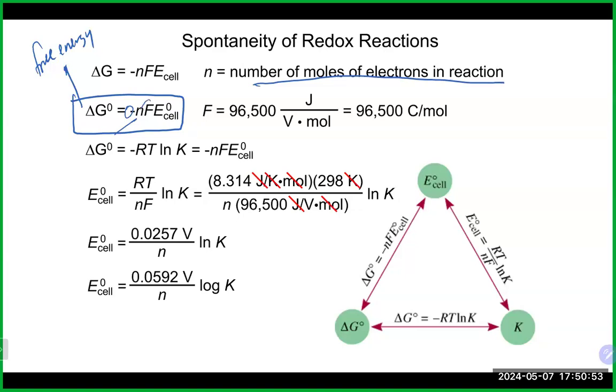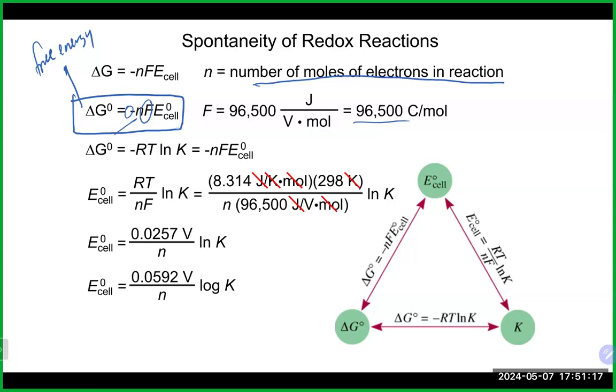F is Faraday's constant, and it is a constant. We'll use the rounded number here, 96,500. It's like 96,486 if you want the full number. And that is in joules per volt per mole. Remember that a joule over a volt is equal to a coulomb, so sometimes coulombs per mole is used.